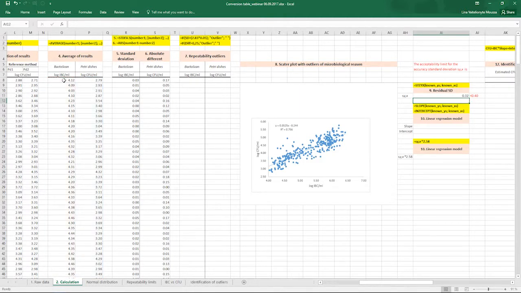Press enter, and we have 0.32, which is below 0.4, so it's saying that our data are distributed in linear regression.